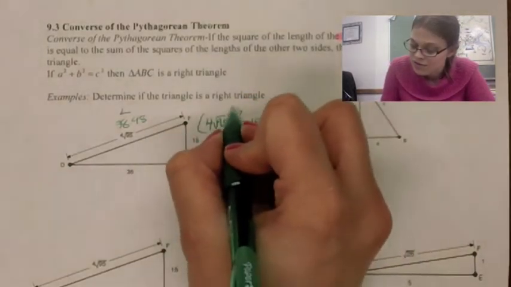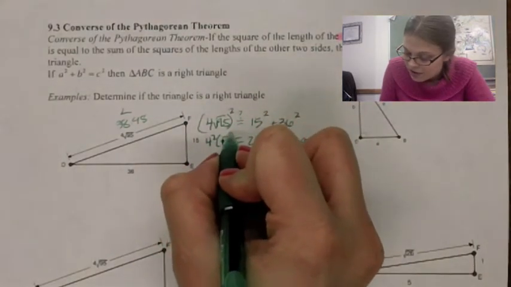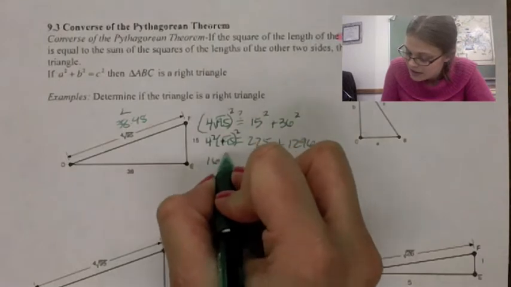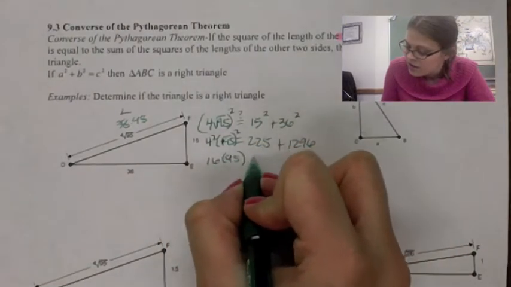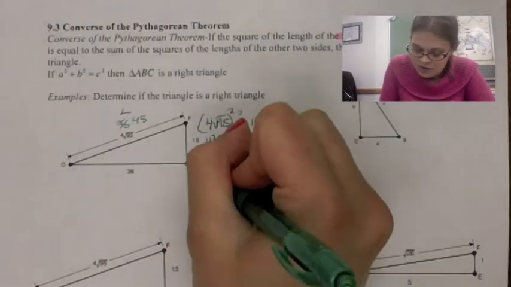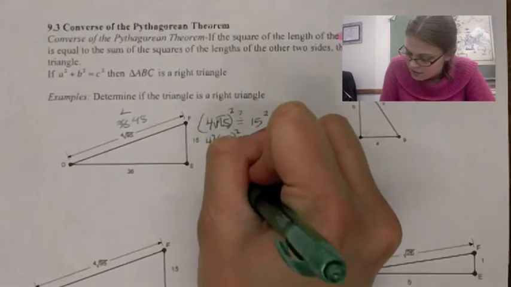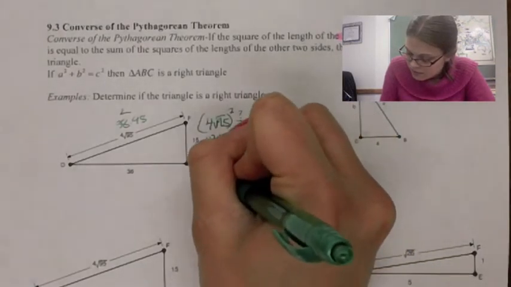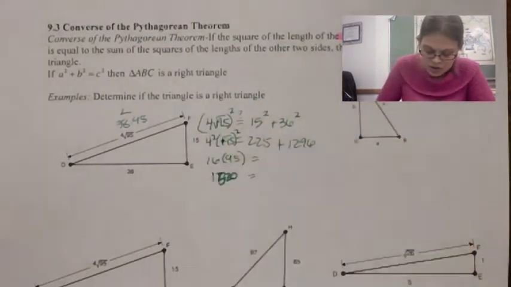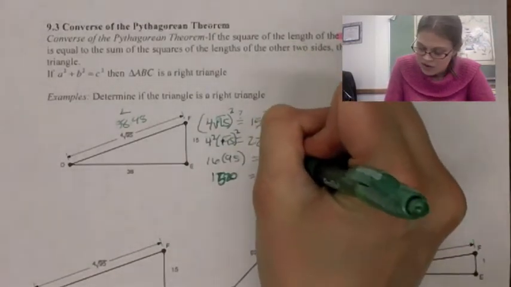So when you do 4 root 95 squared, it squares the 4 and it squares root 95. So I end up with 16 times 95. Okay, so 16 times 95 gives you 1520, equals 225 plus 1296, so 1521.